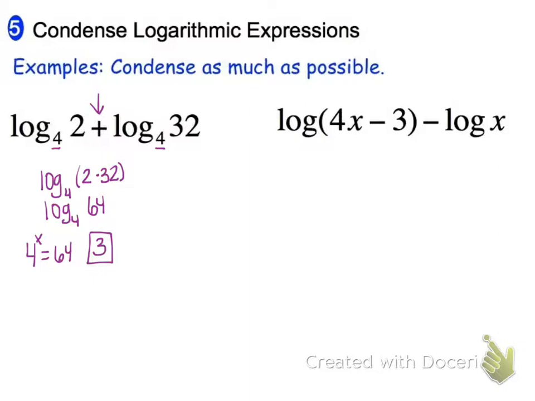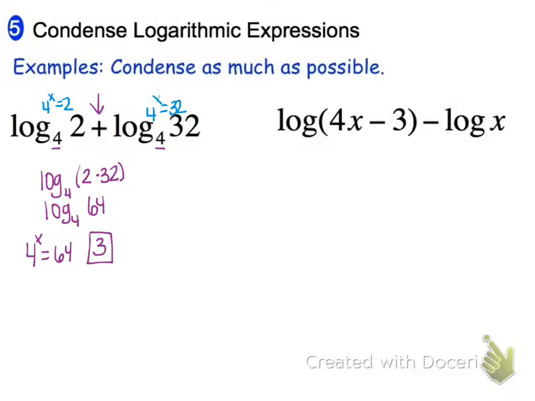Had I tried that in the beginning, 4 to the what equals 2, not as easy to decide, or 4 to the what equals 32, but still possible. Okay, so you can see you could figure these out this way, but instead, by using the product rule, it makes us go a lot faster.